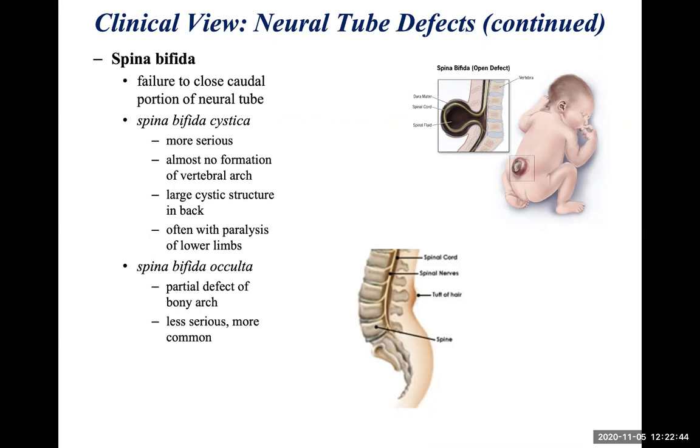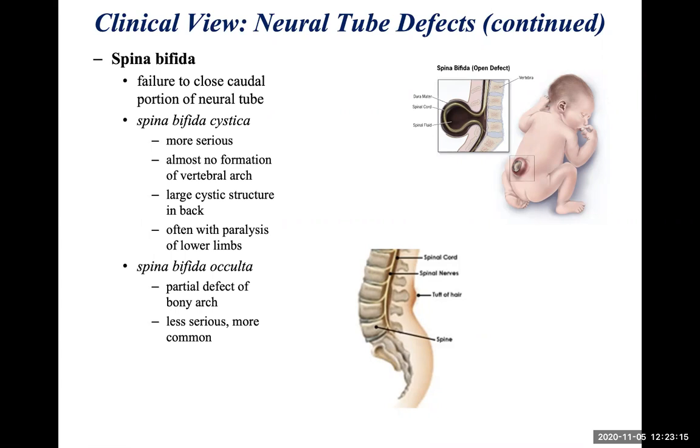Spina bifida cystica is the more serious of the two types. It occurs when the neural tube doesn't close, and the cerebrospinal fluid essentially forms a cyst. So you can see the cyst, or you see an opening somewhere along the vertebral column in the newborn.